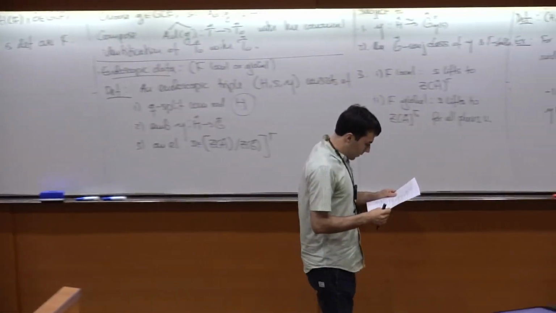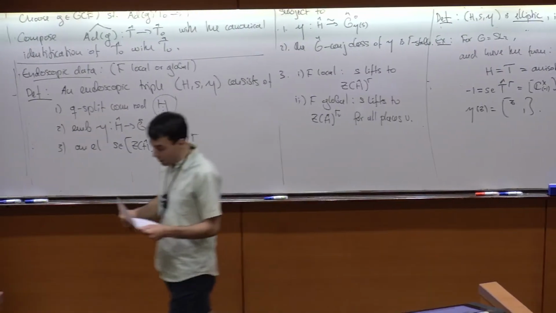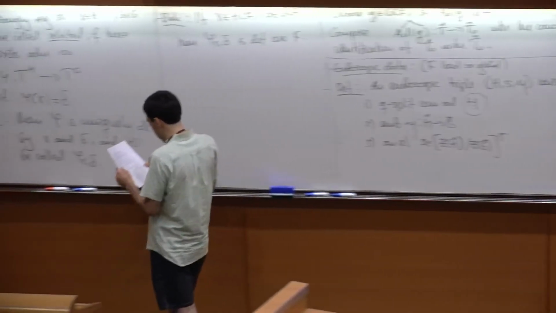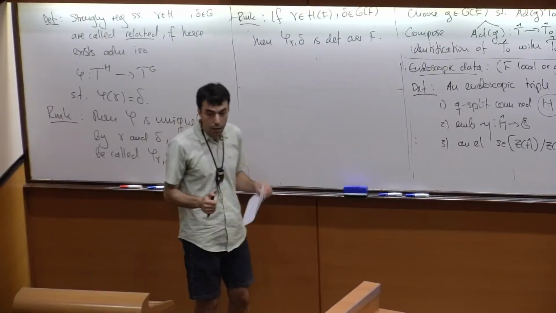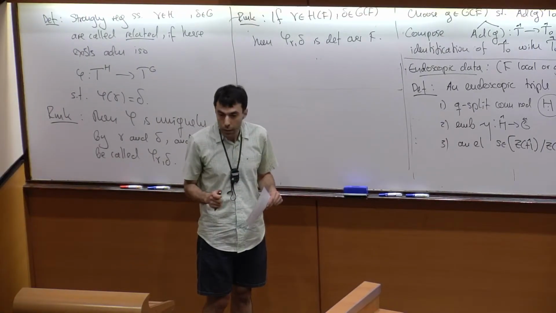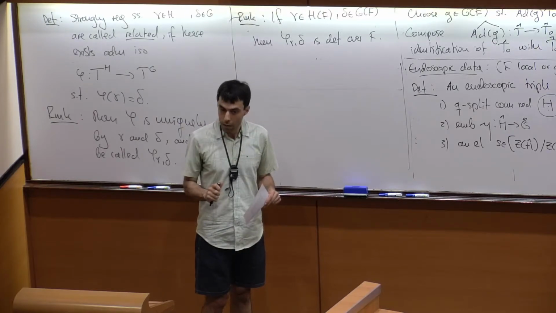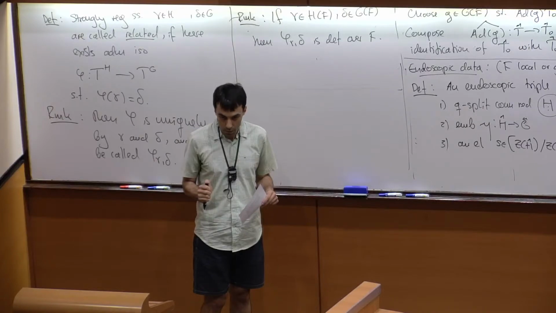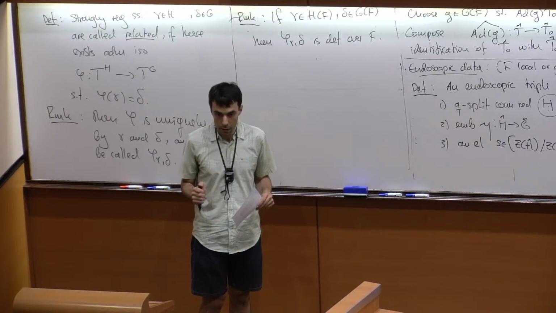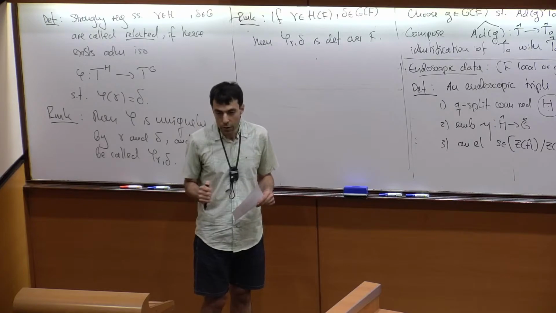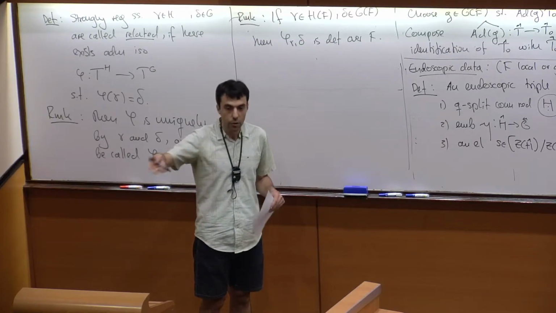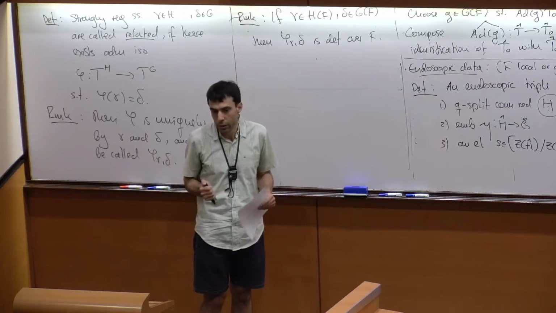All right. So, oh, and here's another. You can define stable conjugacy using the categorical quotient as well, yes.